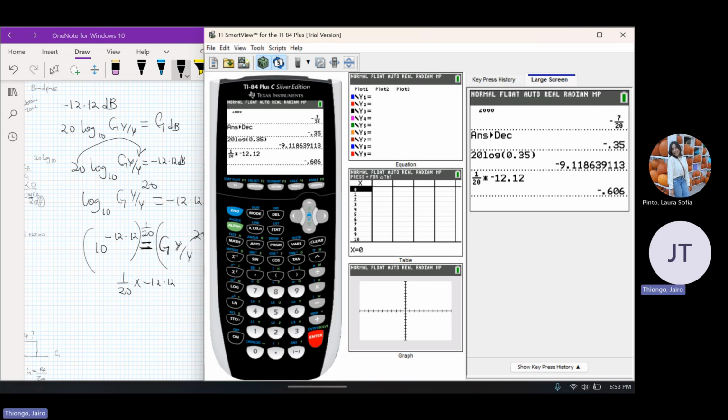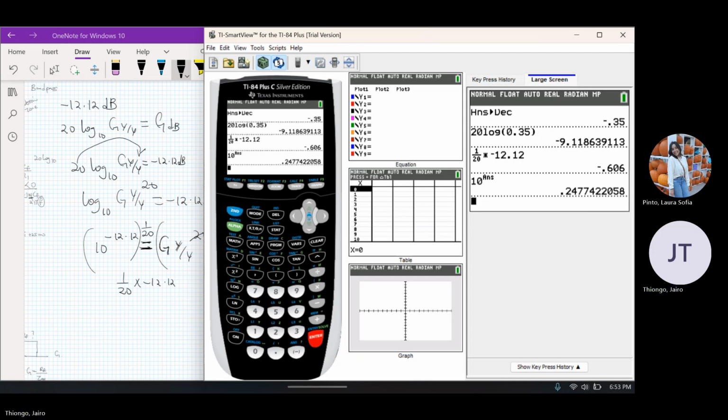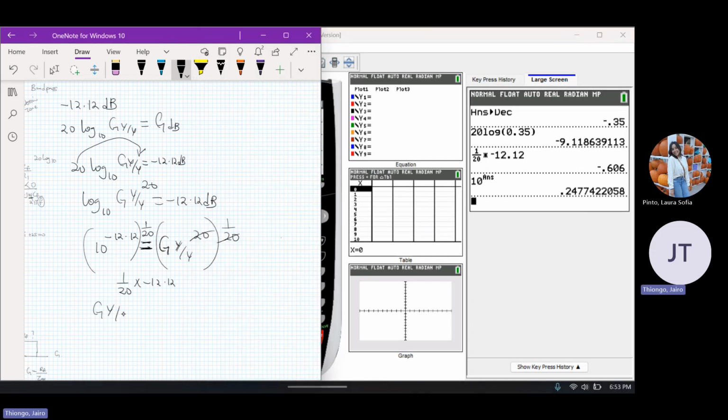You have that, and then you have 10 to that, and you have this answer. Gain in volts per volts is equal to 0.25 volts per volts.